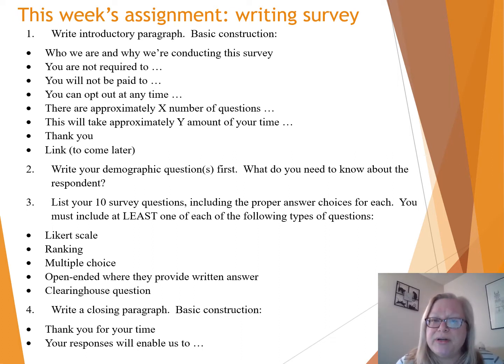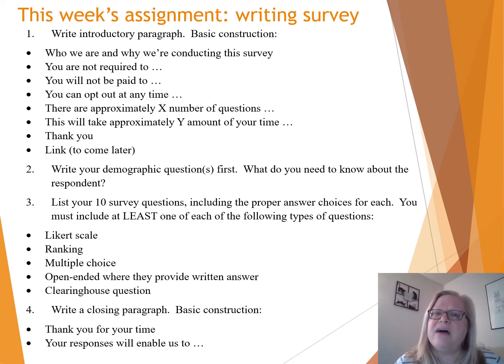A multiple choice question. Again, remember when you create the answer possibilities for a multiple choice question, they need to be mutually exclusive and exhaustive, which again we discussed last week. Have at least one open-ended question where they provide the answer, so they would type in a box and explain in their own words. And then you want to have a clearinghouse question at the end.